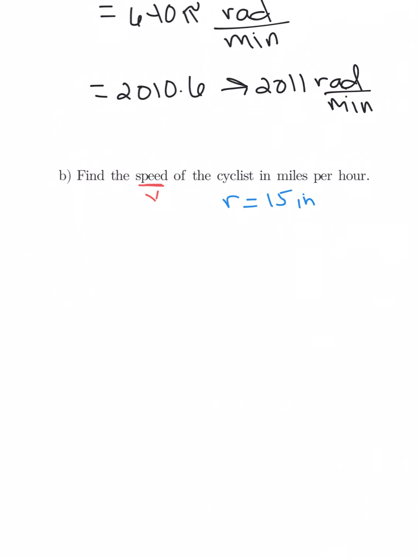And we just found from part A that omega is, going back to the pi version, 640 pi radians per minute. So the formula that we want to use is v equals r omega.